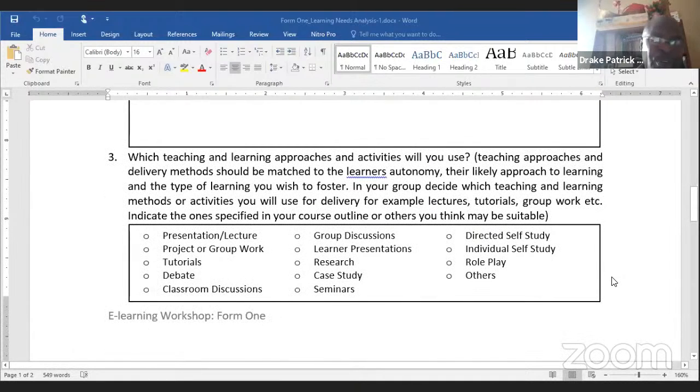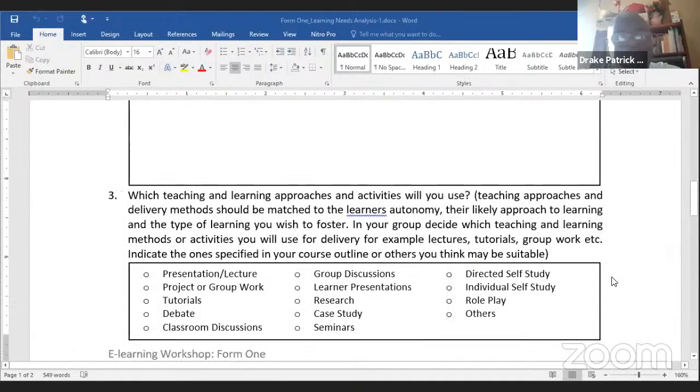So therefore, we know that teaching and learning is basically activity-oriented. The activities are performed by different users, the teacher and the learners. Here we have given you some common activities you find in most of our delivery mechanisms: presentation, group work, tutorials, and others.